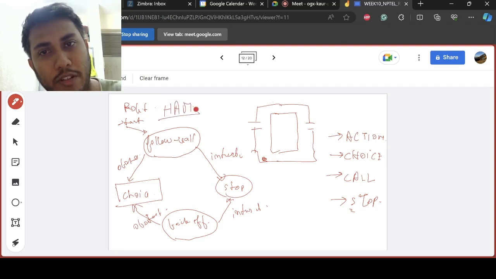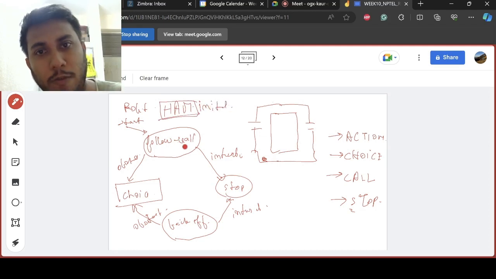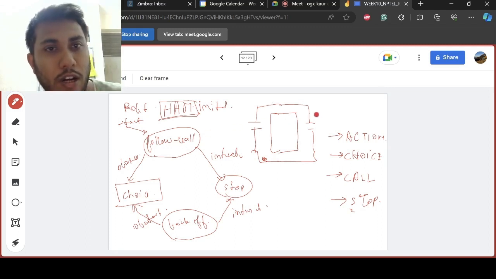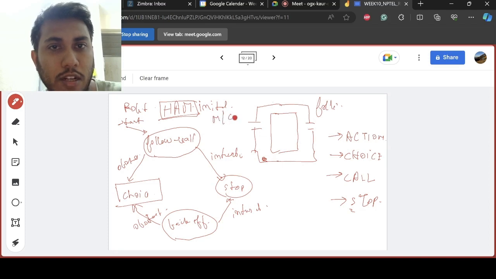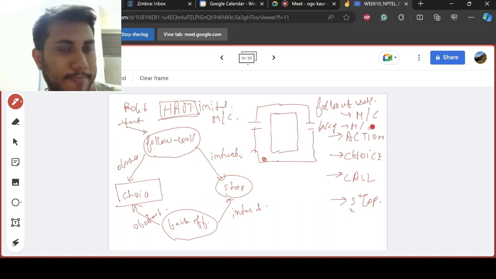It starts with follow wall. So initial machine, follow wall is one machine, and similarly back off is another machine. So there are three machines: HAM, follow wall, and back off.